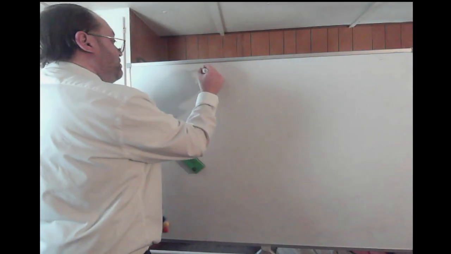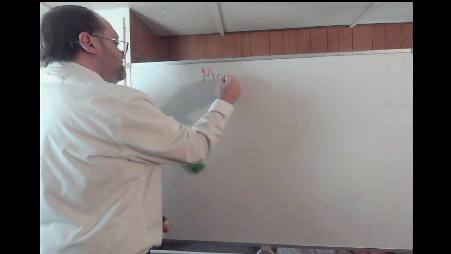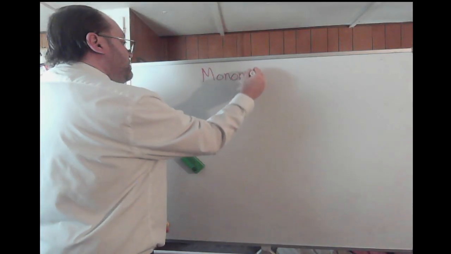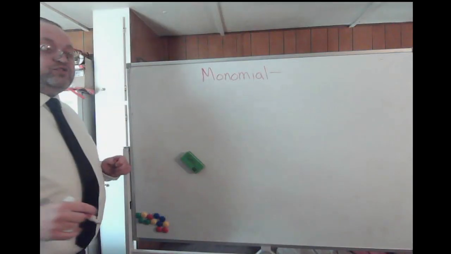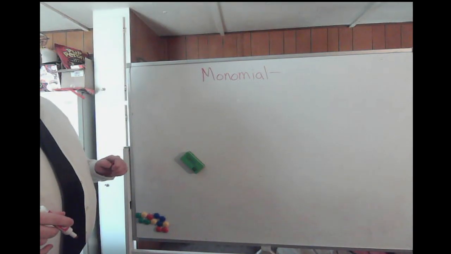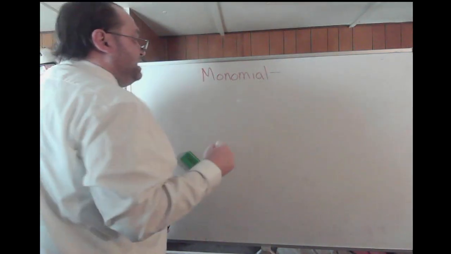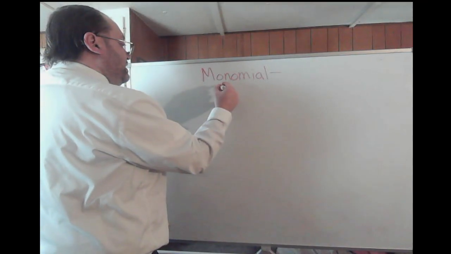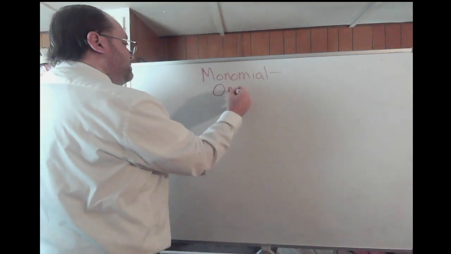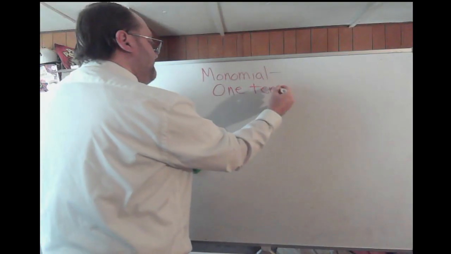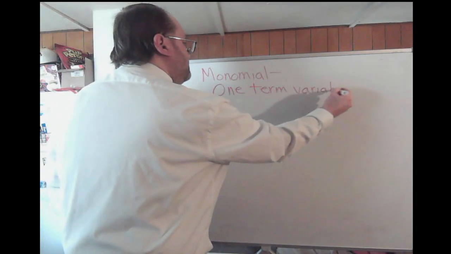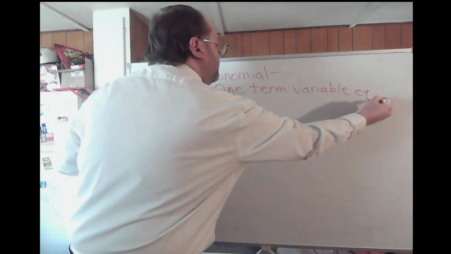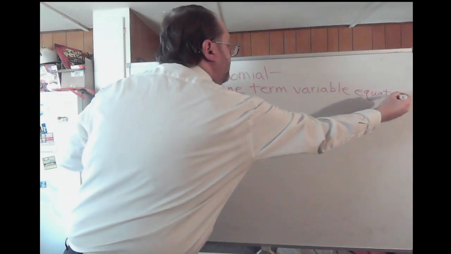Alright, I think we've done numbers. Now, we're going to factor what's called monomials. What is a monomial? Well, as we get further in, like in Algebra 1, you'll learn about polynomials. Well, a monomial is a type of polynomial. It is a one-term variable equation, or expression, however you want to say it.